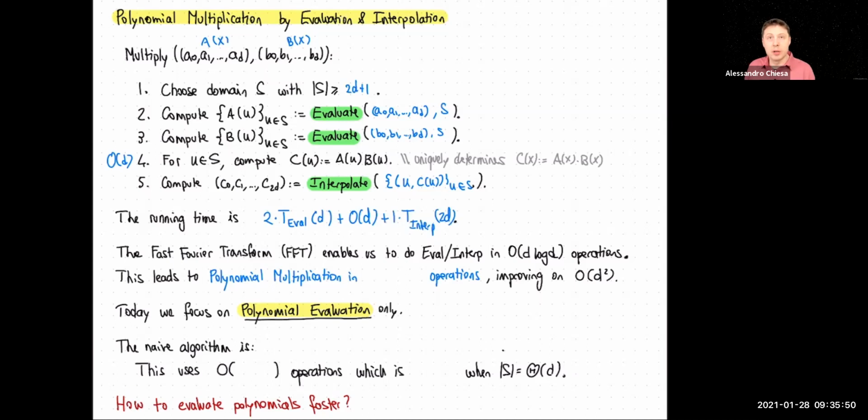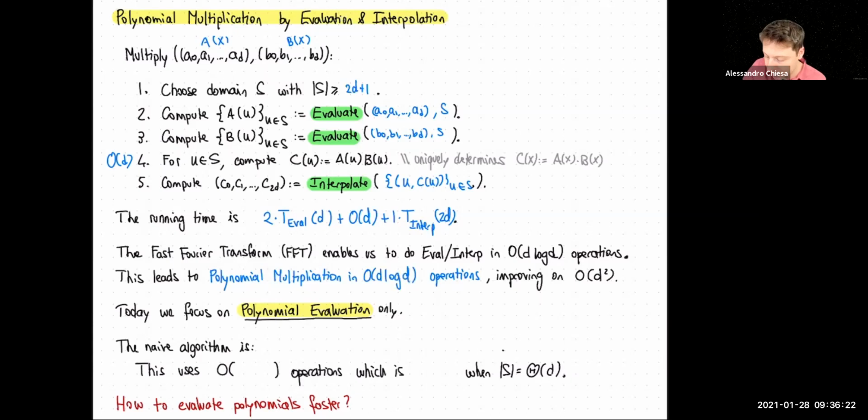Essentially, we have established a plan for polynomial multiplication whose cost depends on the cost of evaluation and interpolation of polynomials. And the fast Fourier transform will enable us to do evaluate and interpolate in D log D operations. So this leads to polynomial multiplication in order of D log D operations.